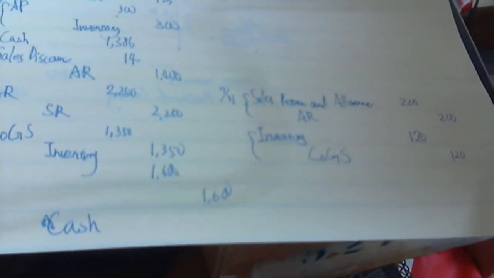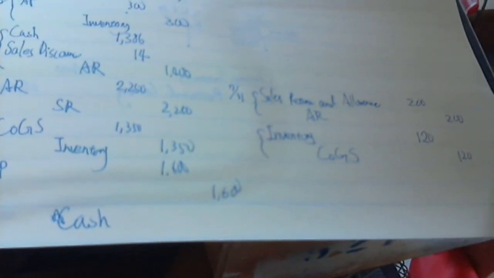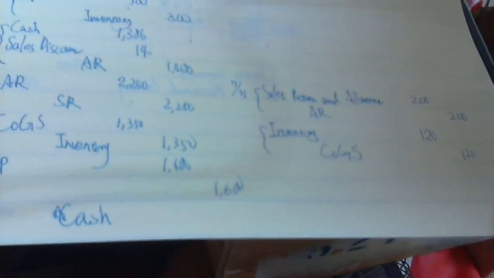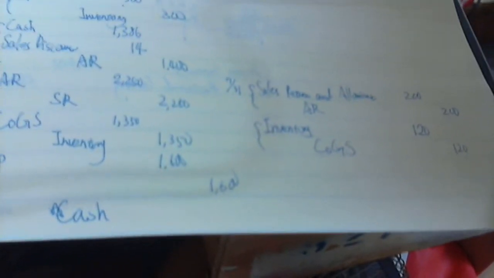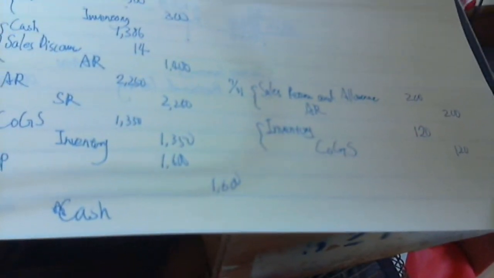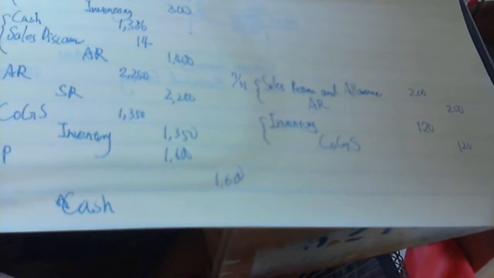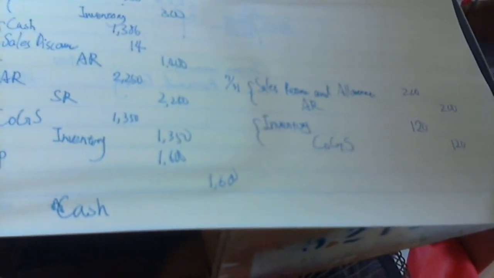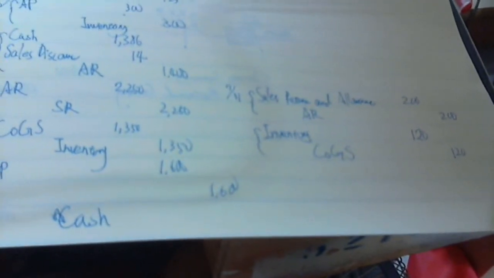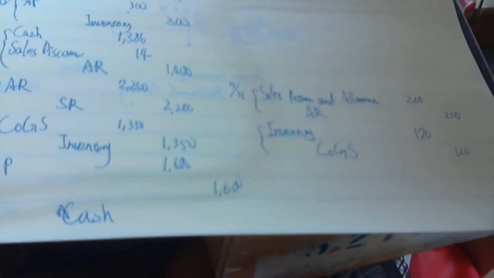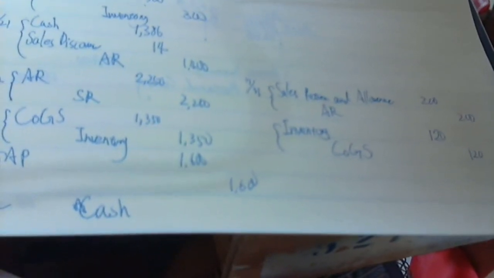Later I will do the same problem A, but I will use another system, the periodic inventory system, to help you understand these two systems much better. But it's not important to compare what's different between these two systems, unless you are very familiar with each system.